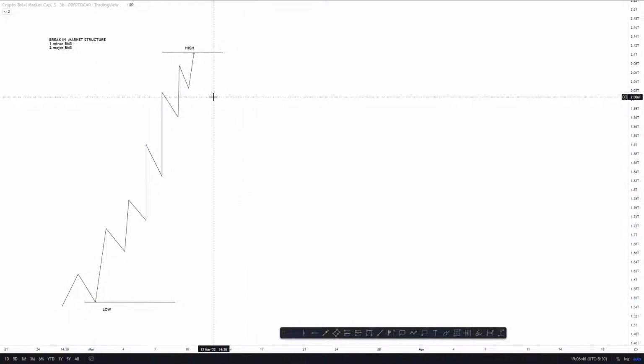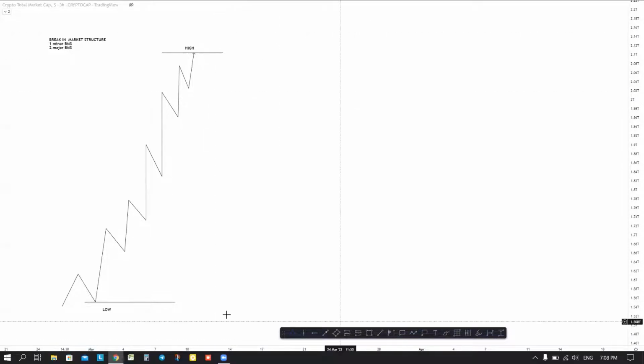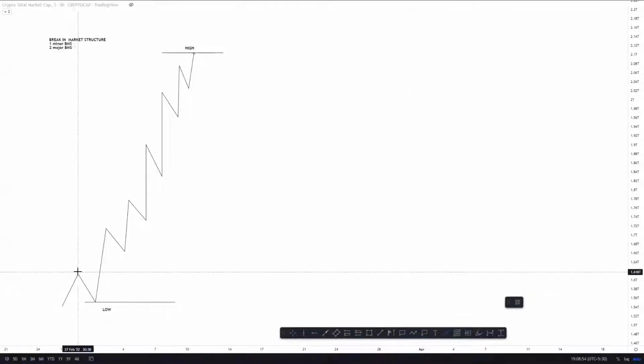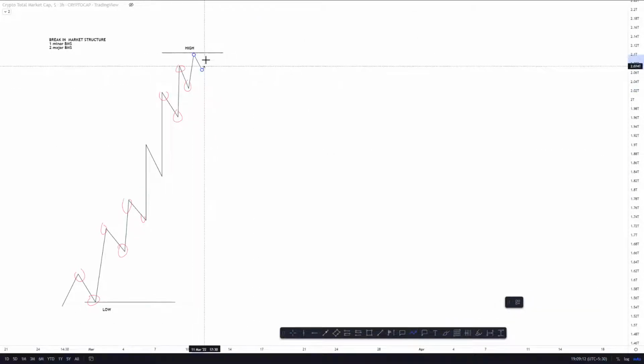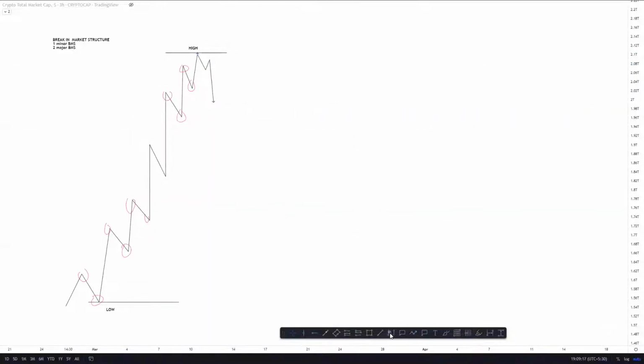So when I call a minor BMS, minor break in market structure: price makes higher highs, higher lows, the same pattern repeating. When price breaks a previous higher low, I will call that a minor BMS.